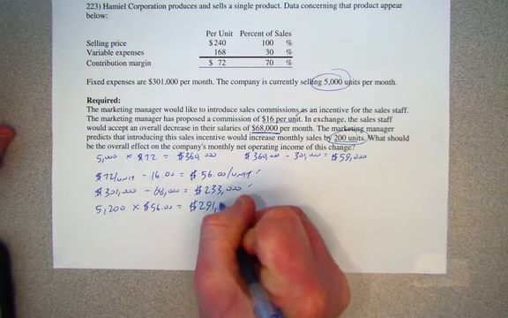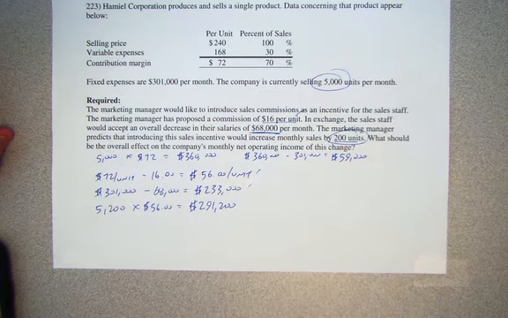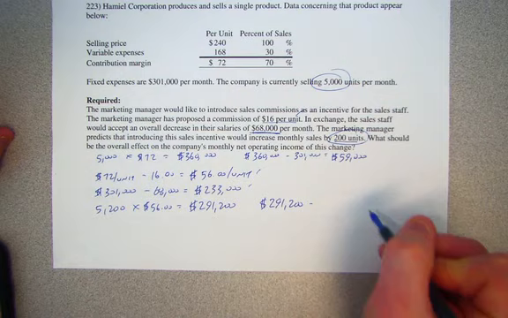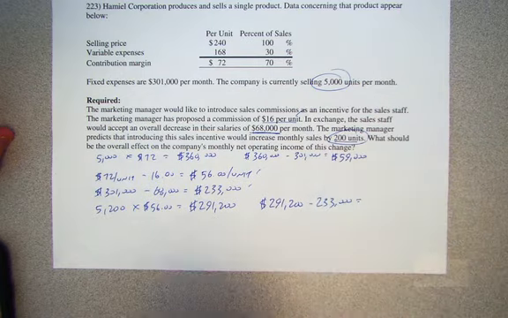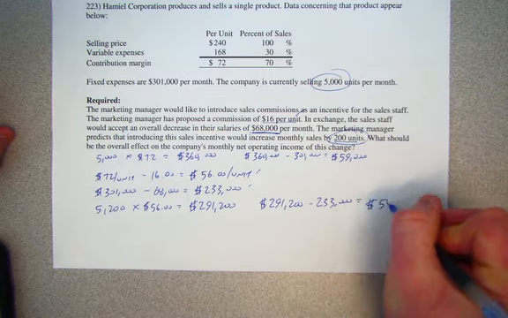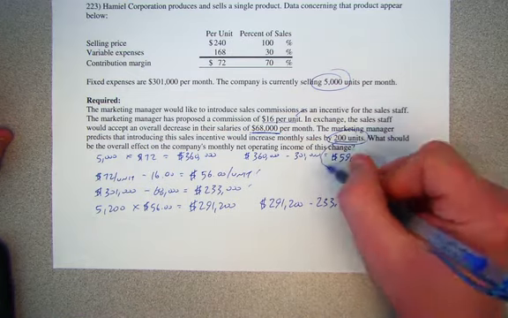Okay, so let's figure out what our profitability level would be. Monthly sales were 5,000, but we think they're going to go up by 200, so 5,200 units. The contribution margin is now $56 per unit, so our total contribution margin will simply be the product of those two, $291,200, which is dramatically lower than what the old contribution margin was.